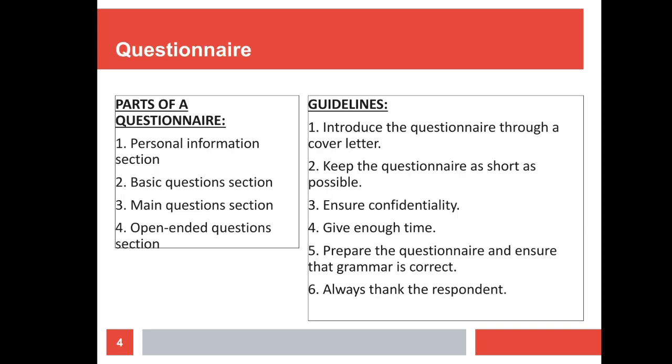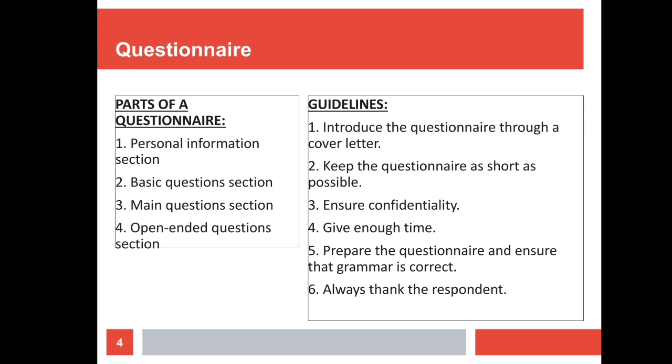Next is a very common research instrument we call a questionnaire. Now, the difference between a questionnaire and a survey is that a questionnaire is more quantifiable. With surveys, sure, you can quantify the survey, but it depends on what your research study needs.